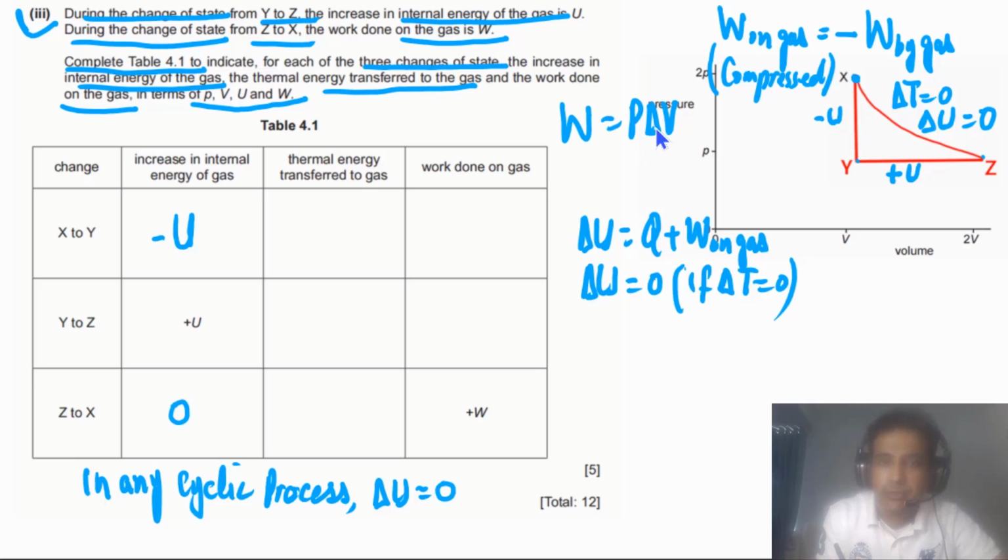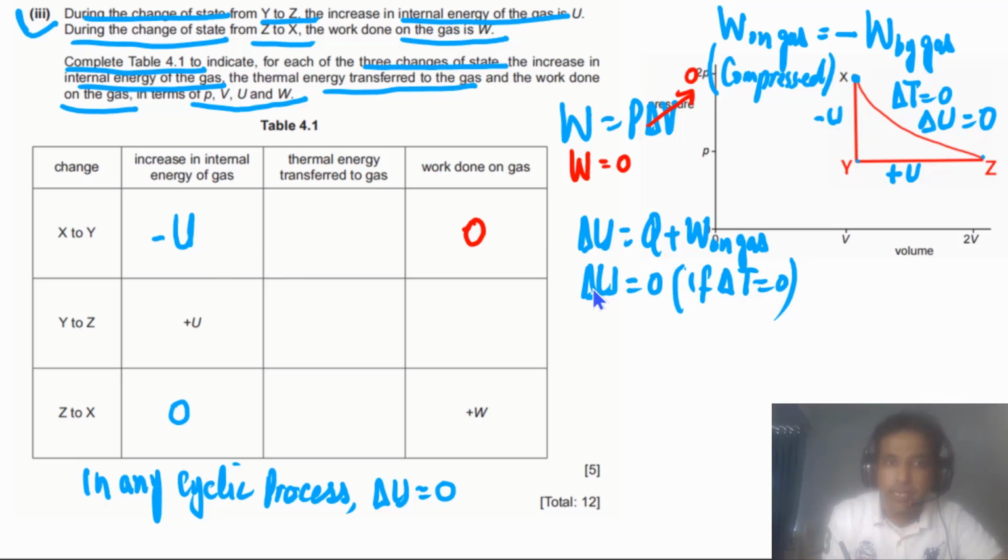As volume remains constant, W will also be 0 since delta V is equal to 0. So between X and Y, delta V is 0, which means work done on gas is equal to 0. Now we have to apply the first law of thermodynamics for this process X to Y.